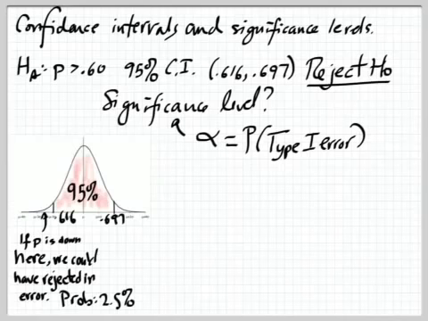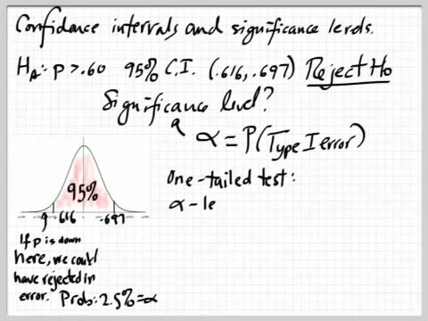When we use a 95% confidence interval, here we end up with a significance level of 2.5%. What I'm saying here is using a 95% confidence interval to perform this test is equivalent to using an alpha of 2.5%. So that's your alpha when you use a 95% confidence interval.